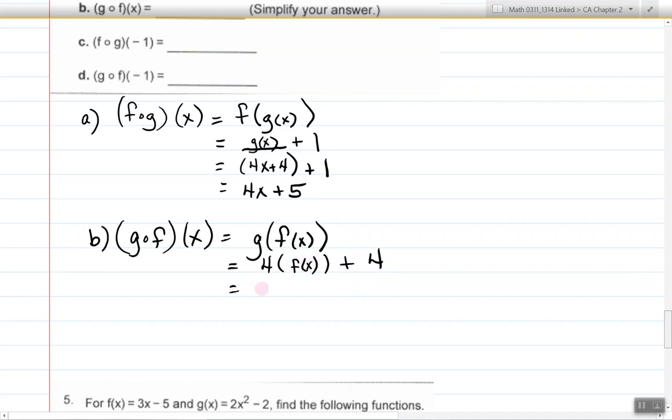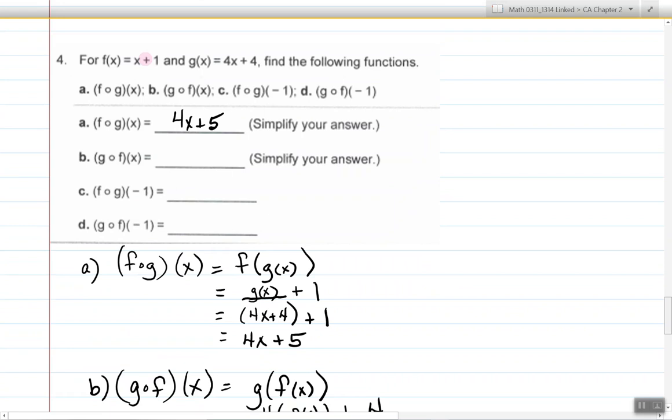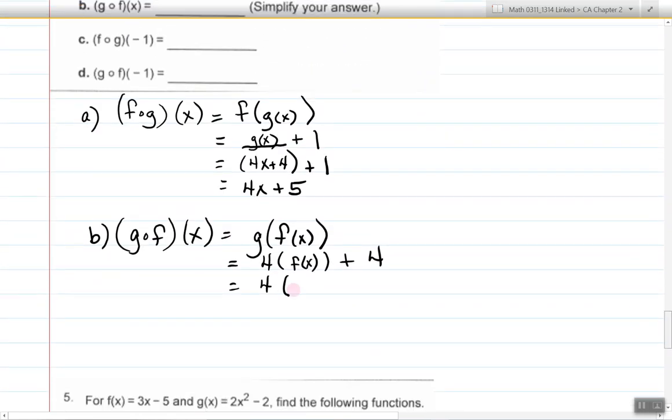So it is 4 times x plus 1 plus 4. Distributive property, that's 4x plus 4 plus the outside 4. So that is 4x plus 8.